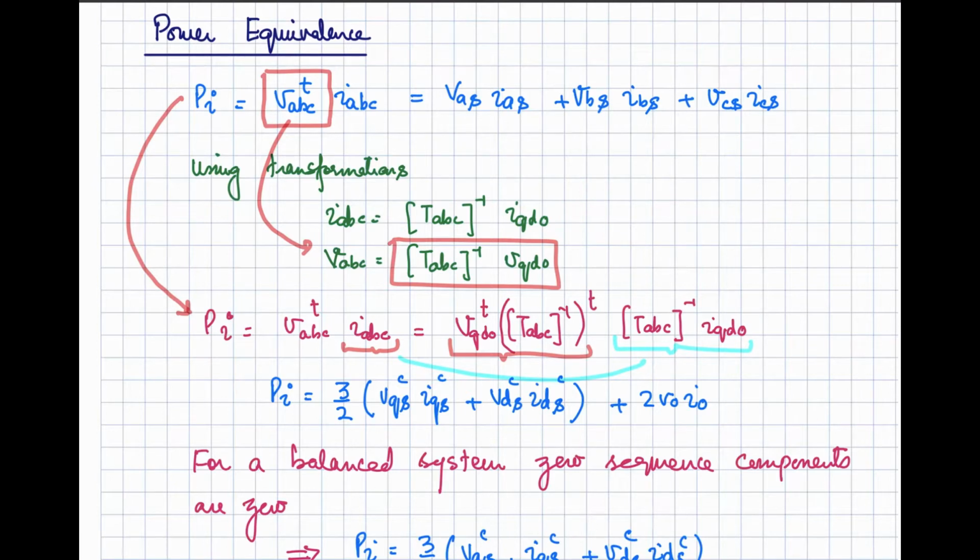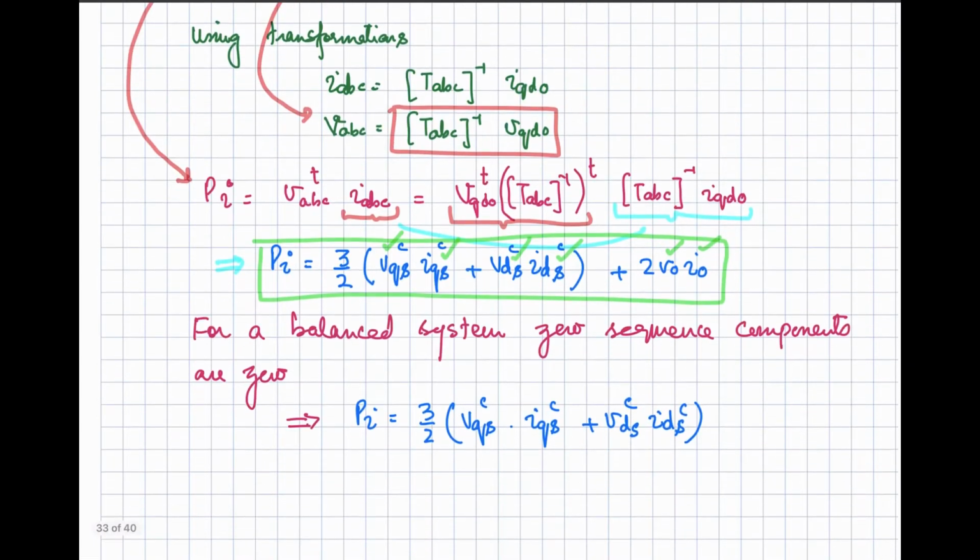If you simplify this equation, you can write it like this. So this is your power equation in the QDO arbitrary frame of reference. VQS is the Q axis stator voltage, IQS the Q axis stator current, VDS the D axis stator voltage, IDS the D axis stator current, and these are the zero sequence components.